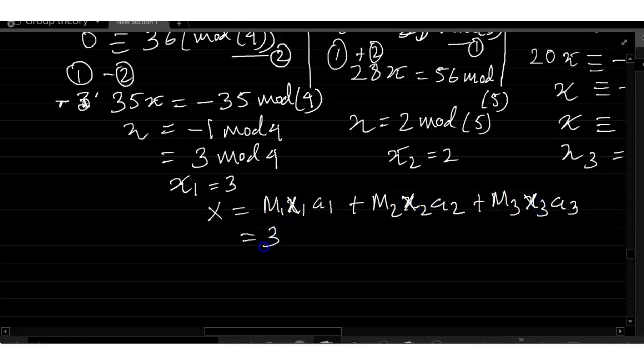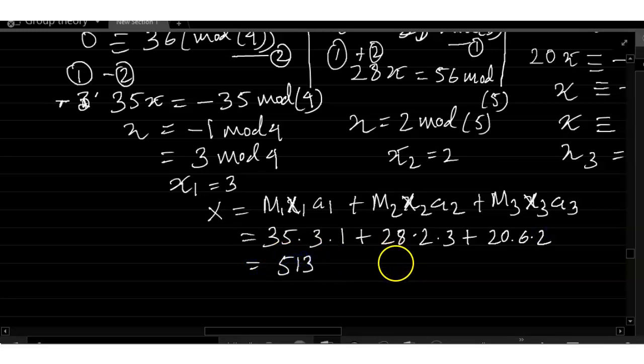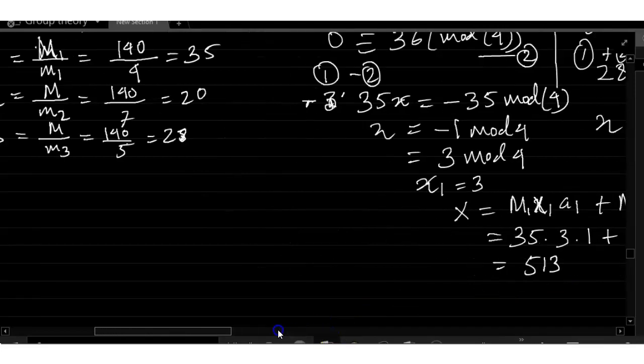So 35 into 3, 28 into 2 into 3 plus 20 into 6 into 2. So that gives 593 mod 140. So friends, I hope this is clear.